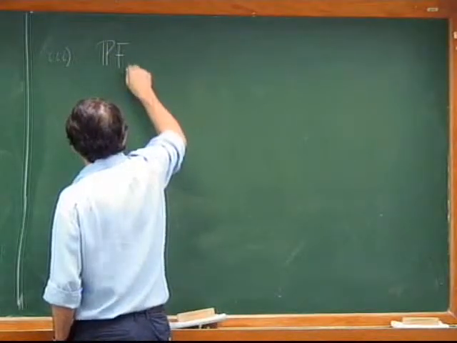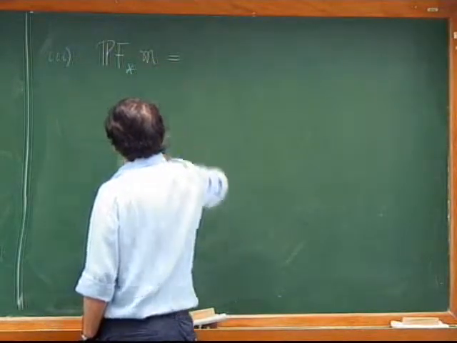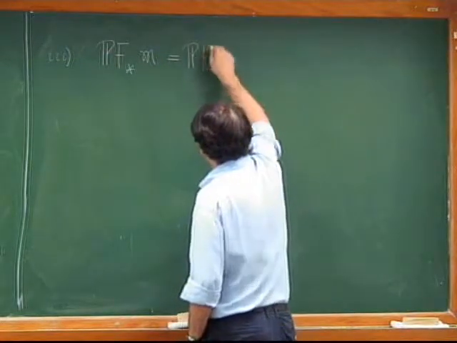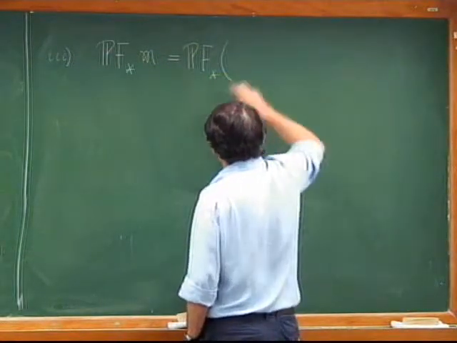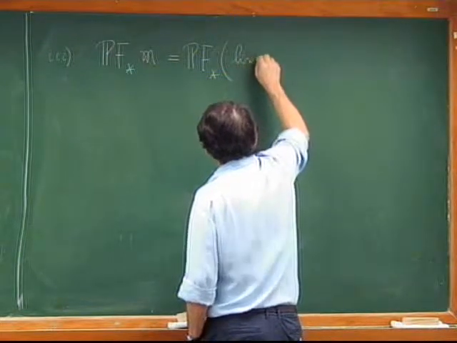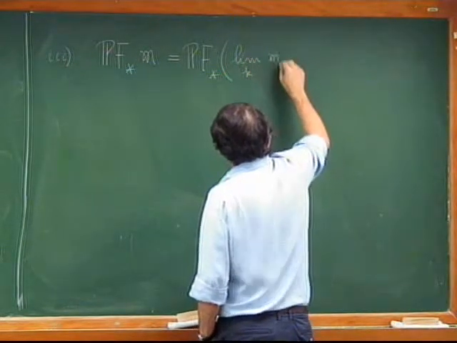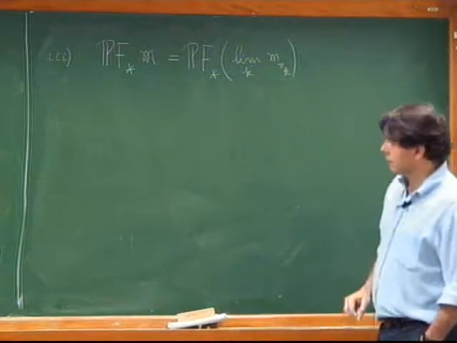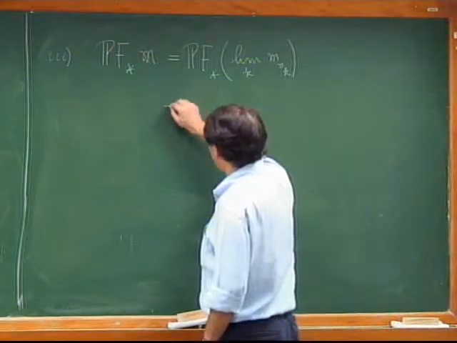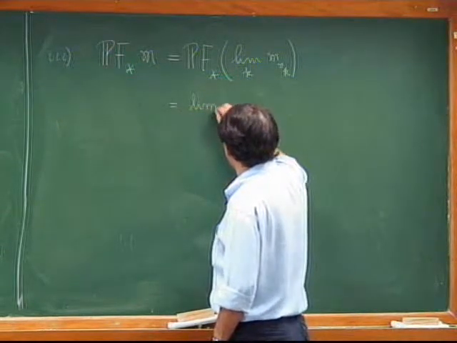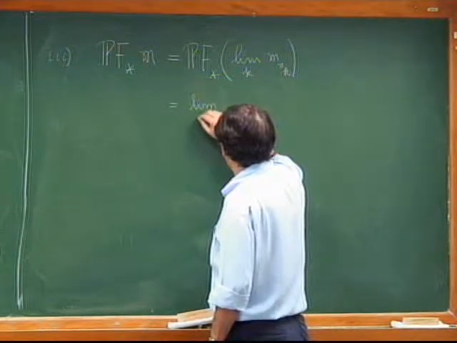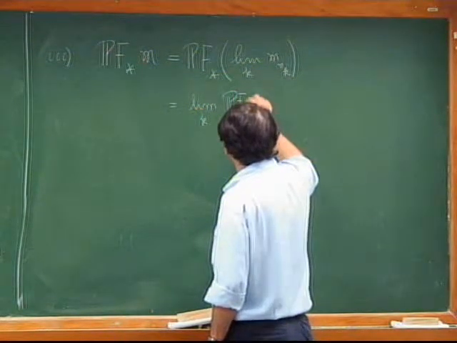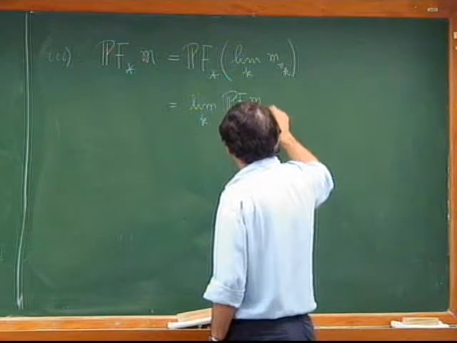Pf star of m is Pf star of the limit of mnk, which is equal to the limit of Pf star of mnk.